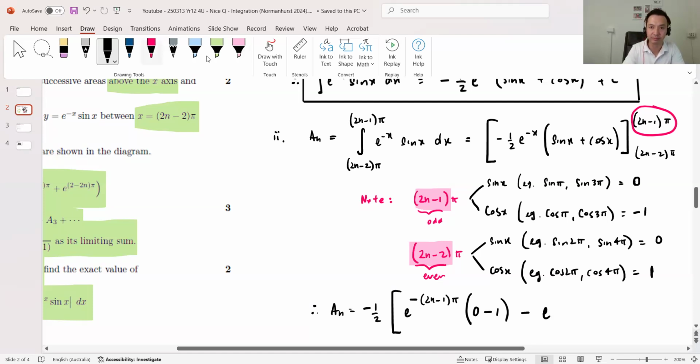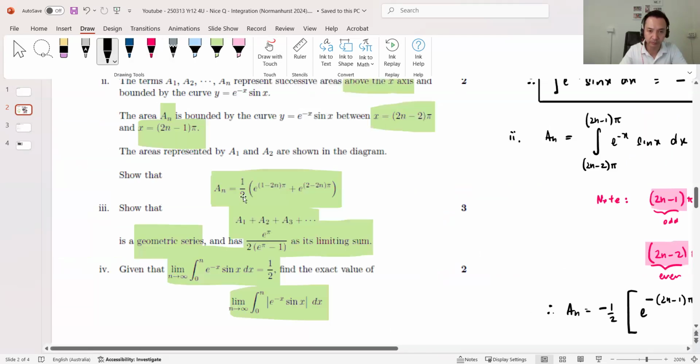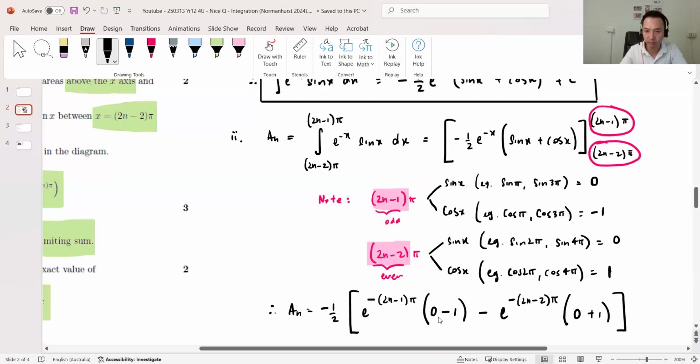Sub in the bottom limit now, and you get negative (2n minus 2) pi multiplied by sine is 0 and cos is 1. I'm just going to have a quick look at what I have to prove. Okay, I'm going to put a negative there, so everything's negative, so the negative multiplies that.